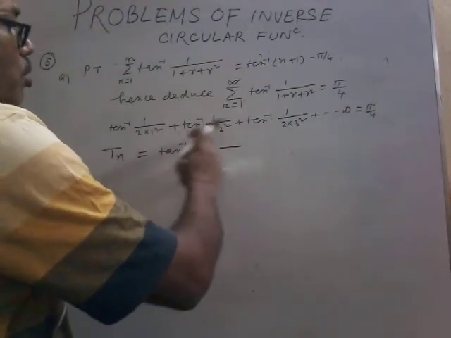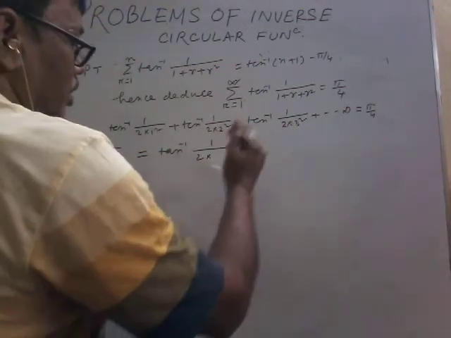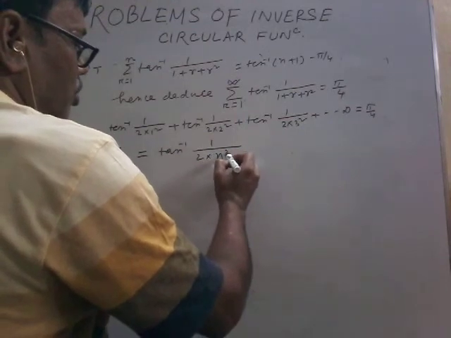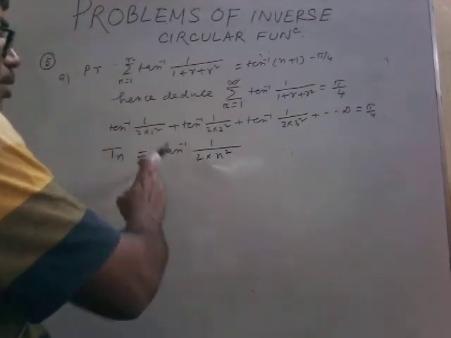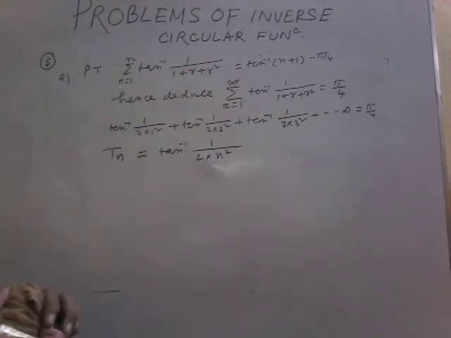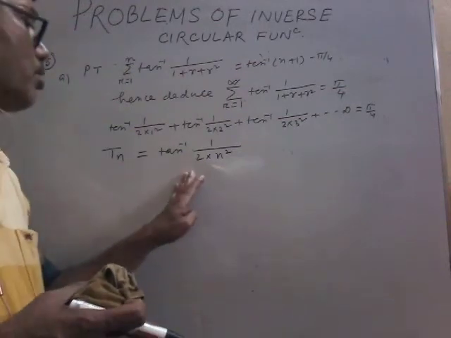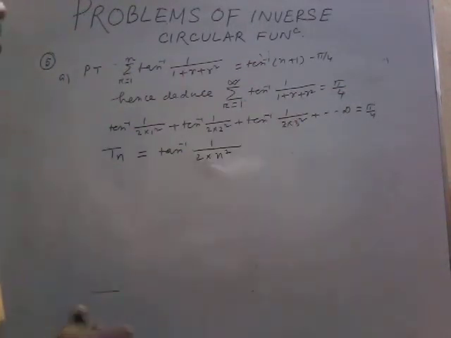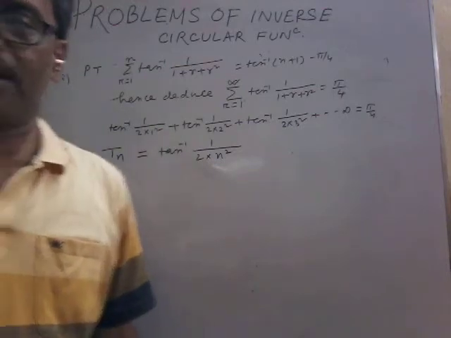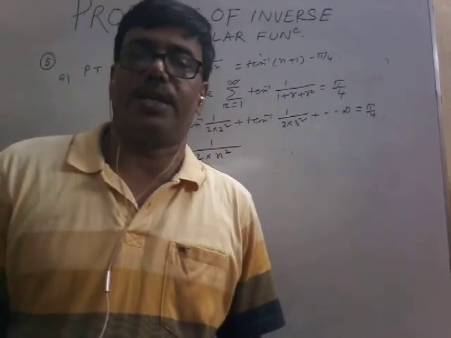This is 1 square, 2 square, third term 3 square, so this is 2n square. 2 into n square. So this is our Tn. You may verify it. Suppose n equals 3. What you are getting? T3, 2 into 3 square.